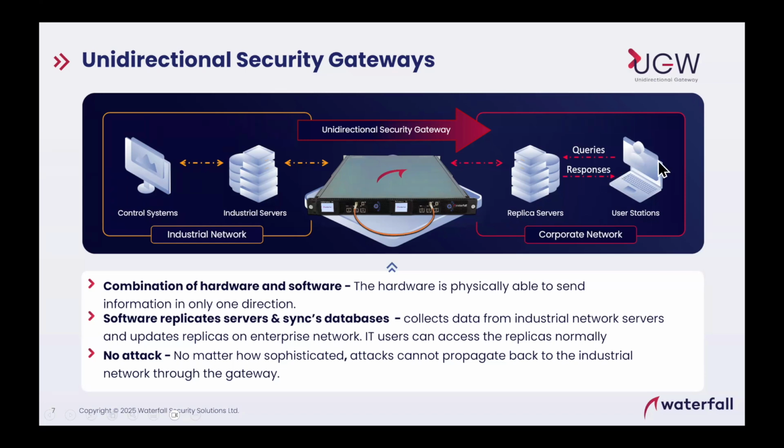And anybody now on the outside network who needs the data can ask the outside server for the data, gets the same answer as the inside server would have given, give or take a few hundred milliseconds. So this is the unidirectional gateway, one-way hardware, making copies of servers for easy integration, used widely in many industries.